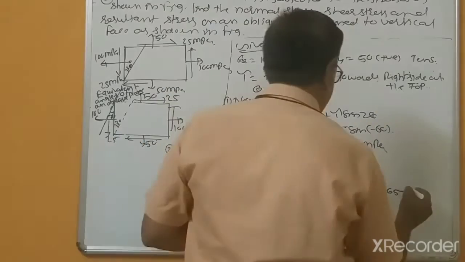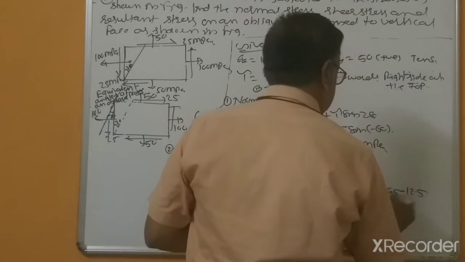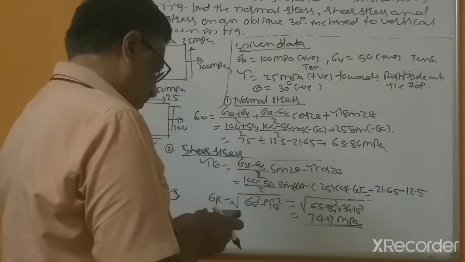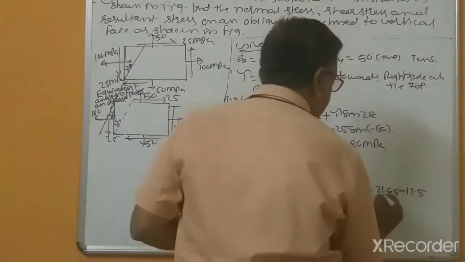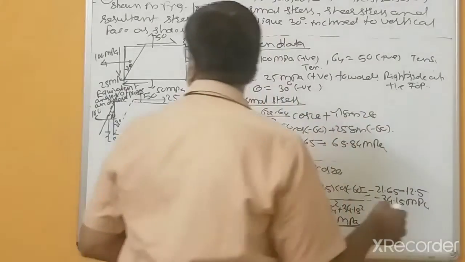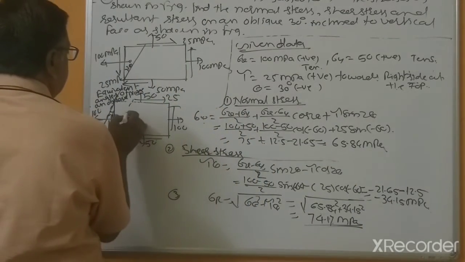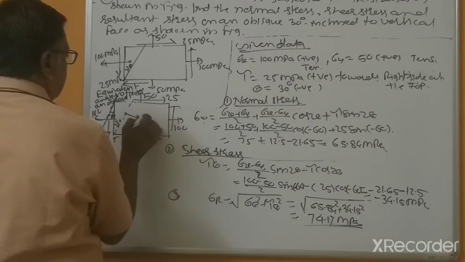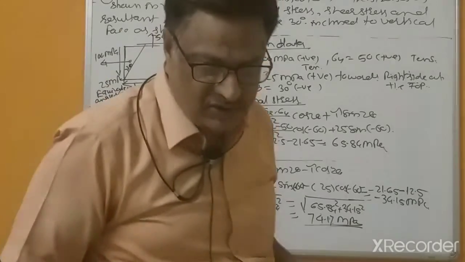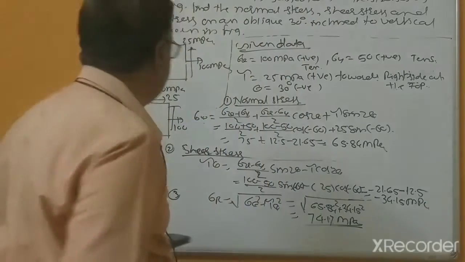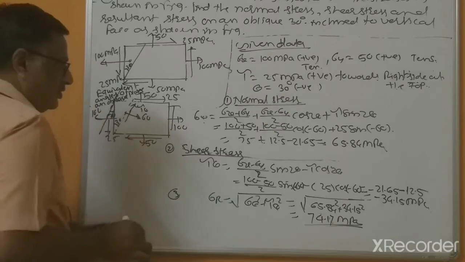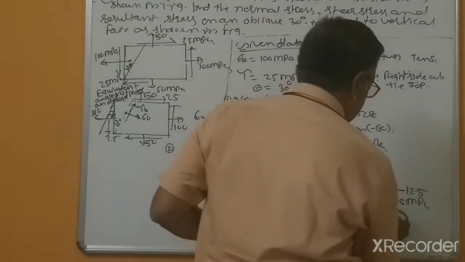So this is again 12.5 plus, so this is 31.15 megapascals with a minus sign. So this negative sign indicates the rotation. This is sigma theta and this is tau theta. So I think the sign changes for tau theta. This is upwards because of the negative sign.